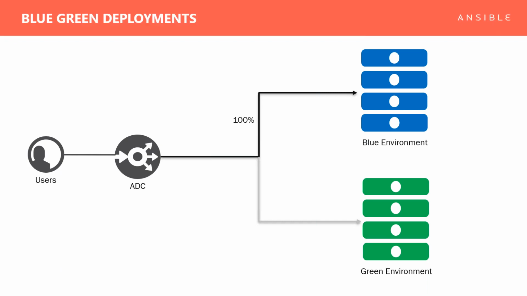At a particular point in time, all your traffic is only being directed towards one environment, in this case your blue environment, whereas your green environment is a backup. So if anything goes wrong, you want to switch your traffic from your blue environment to your green environment. Now, there are different ways to achieve switching traffic or managing your blue and green environments.